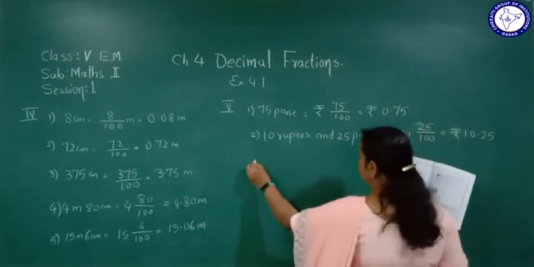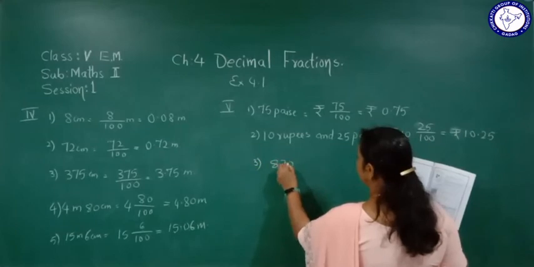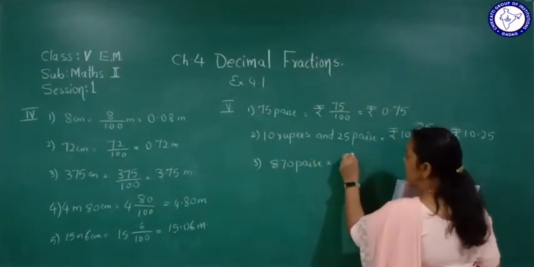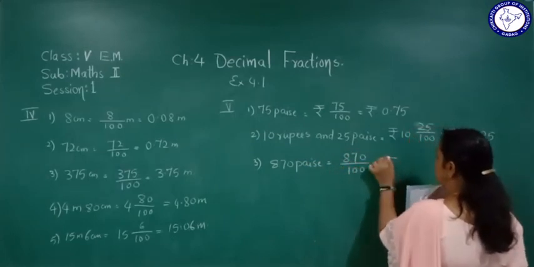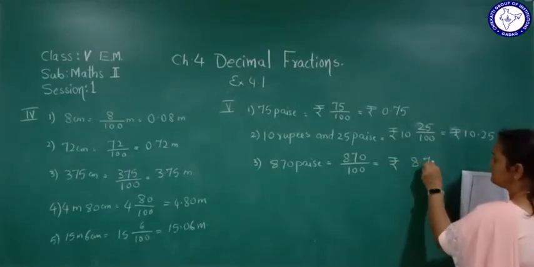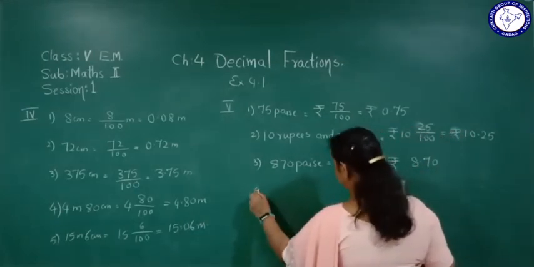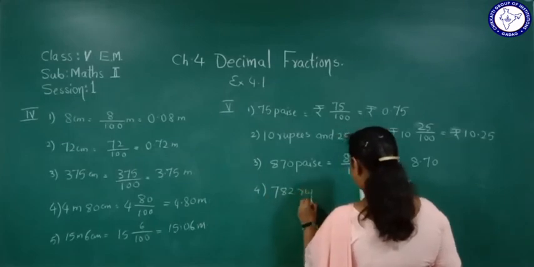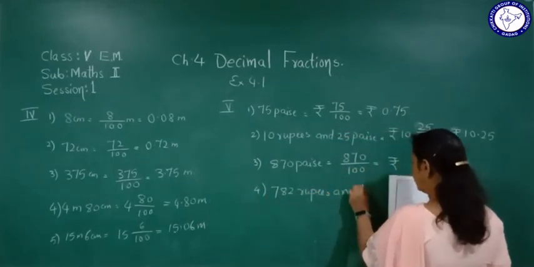Then third one, 870 paisa is equal to 870 by 100. This is equal to rupees 8.70. Then fourth one, 782 rupees and 10 paisa.